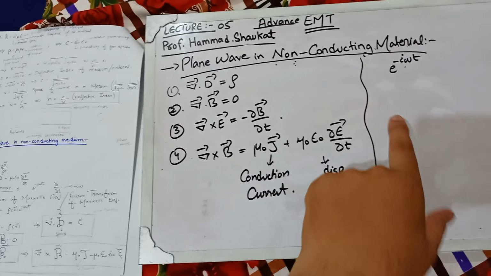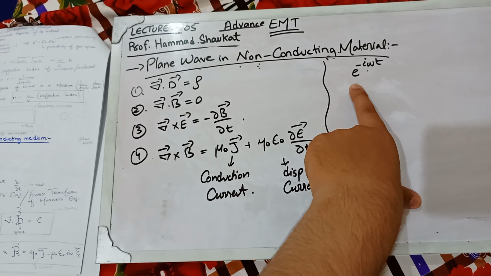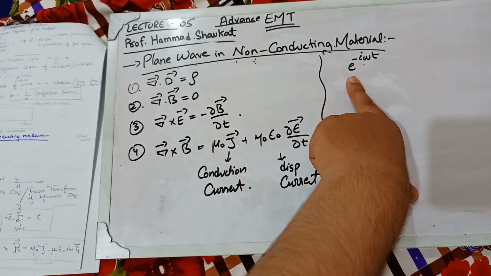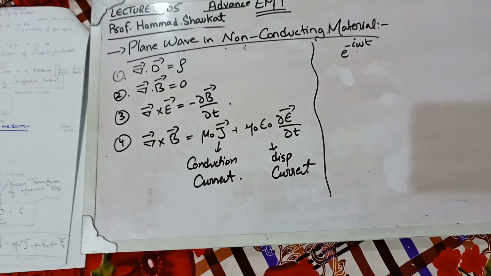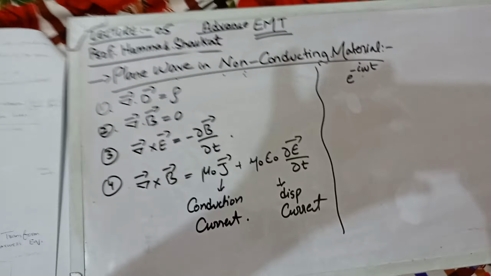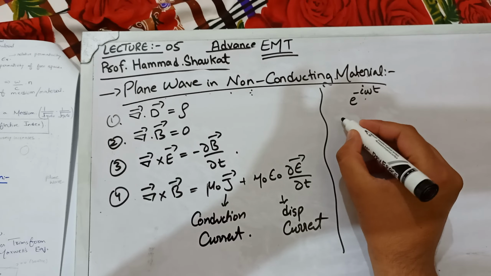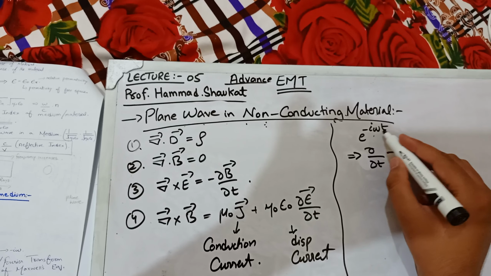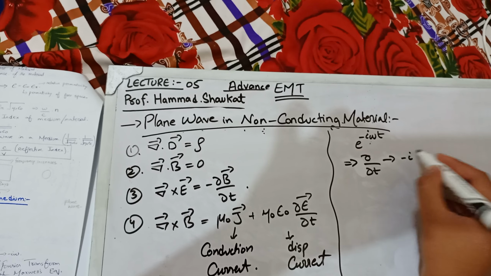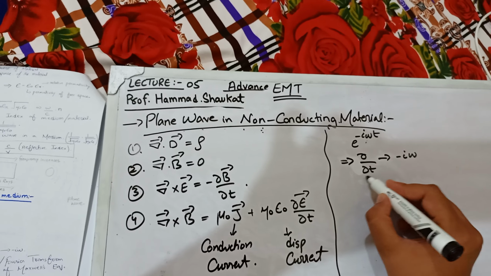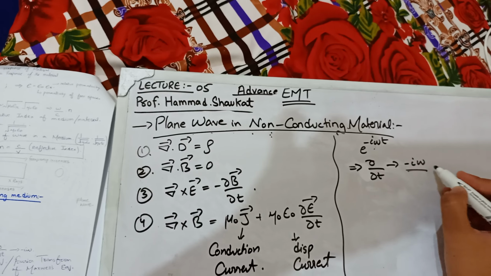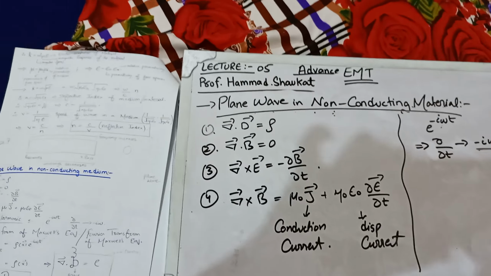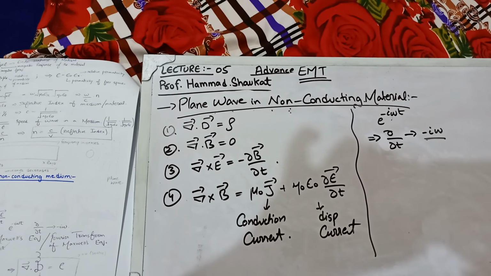We take this wave function for the time harmonic case, when time is included in the coordinates. When we take the derivative of this wave function with respect to time, we get minus i omega, and the other terms remain as they are. This is the generalized time harmonic form.